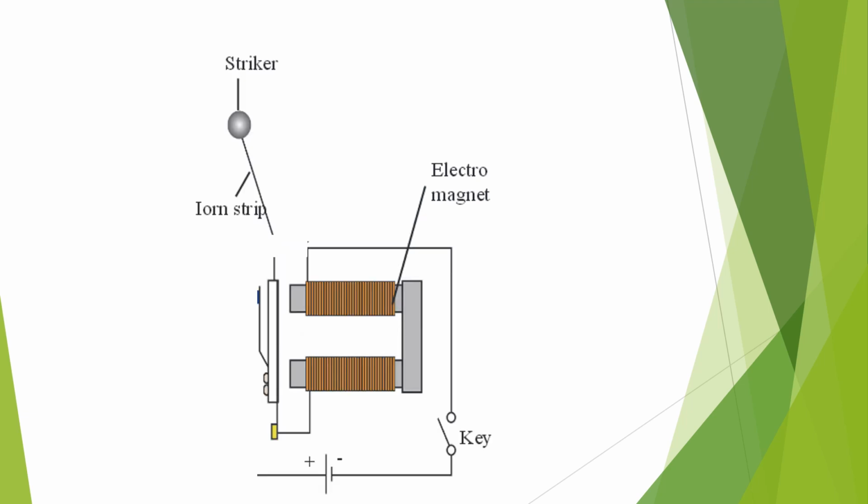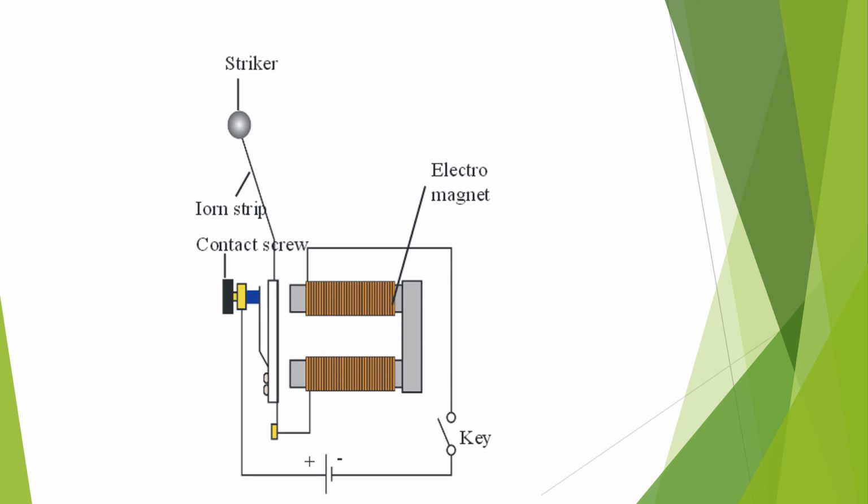Then you have an iron strip. The iron strip has a striker at one end, and other than this we have the contact screw. The contact screw, the iron strip and the electromagnet, all three are connected to a circuit. So all three are part of an electrical circuit.